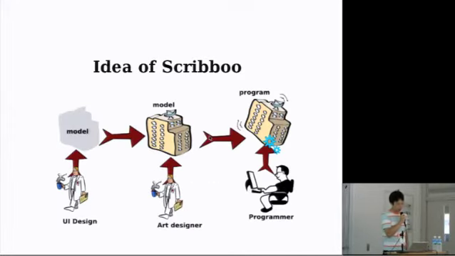The idea of Scribboo is that we wanted to support this kind of model for GUI developers and programmers. The GUI designer is someone, for example, a project manager, who tries to find out the requirements of users or customers, and uses the tool to design the basic blocks of a use case, and delivers the results to art designers to refine the workflow or artist design, and finally delivers the same file to the programmer.